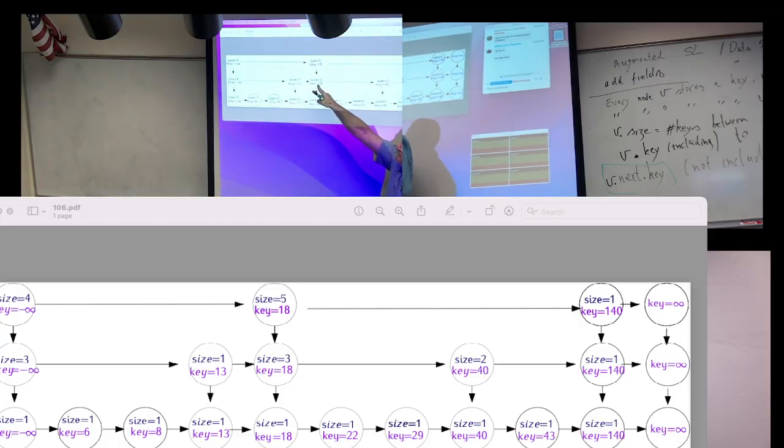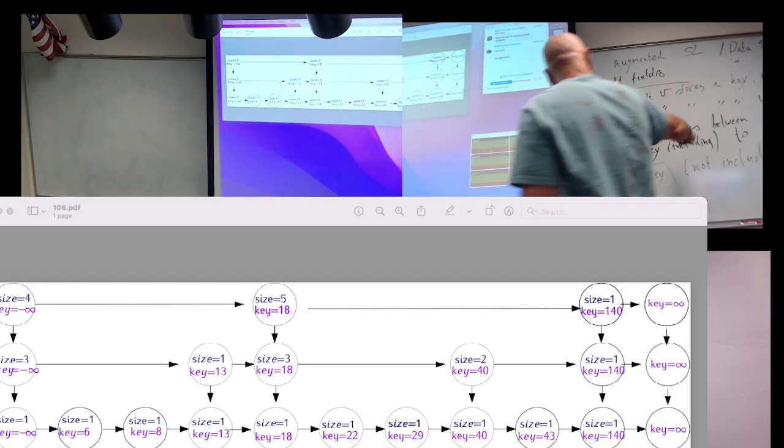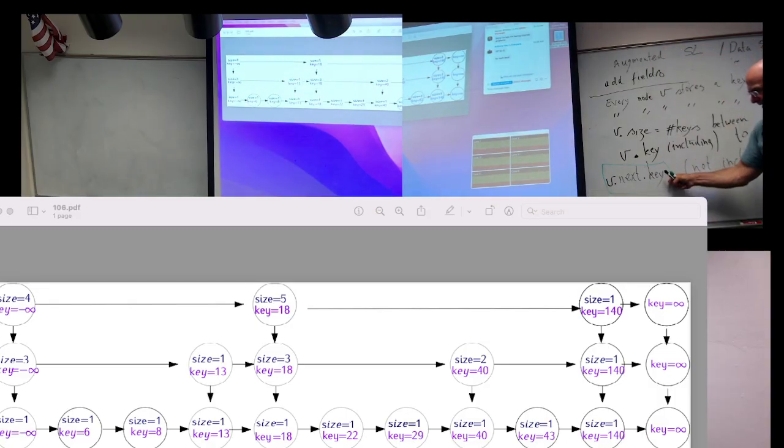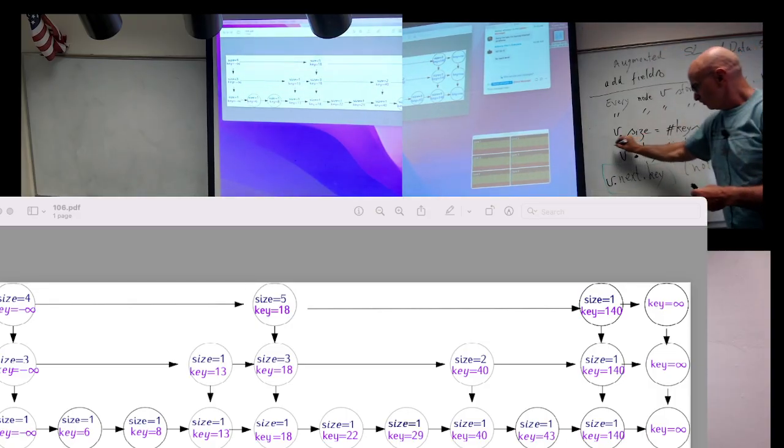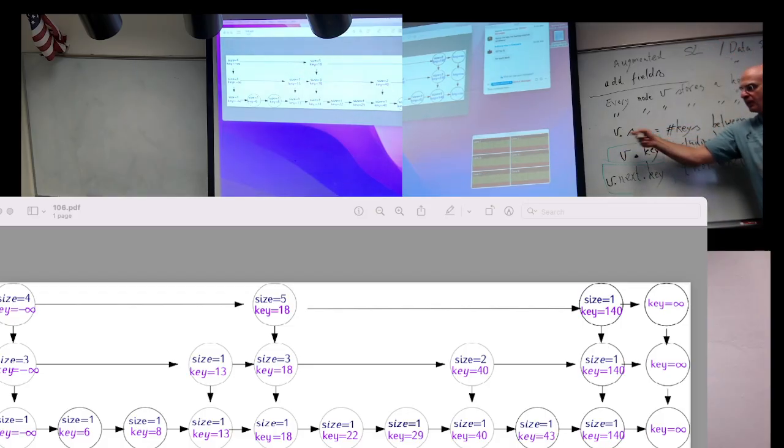If V is this node, then V dot next dot key is the key of this one, which is 40. Okay, now hopefully everybody understands what this term means. Let's now try to decipher what I wrote over here.